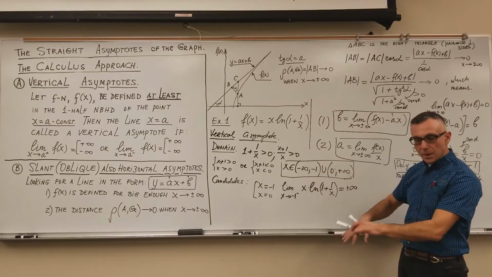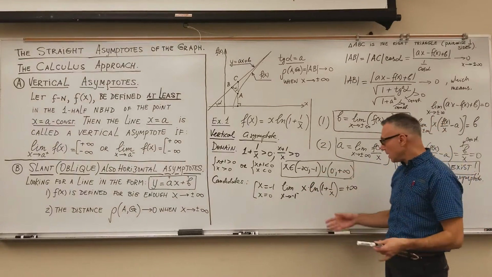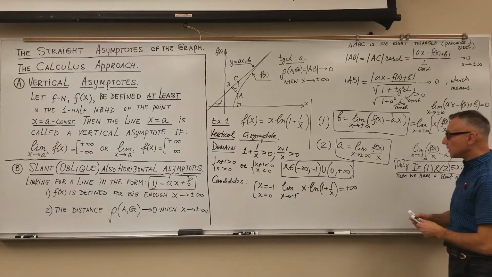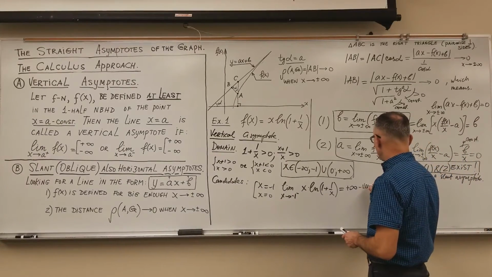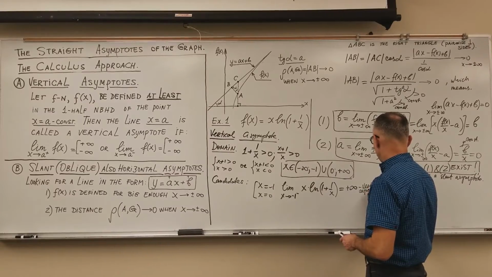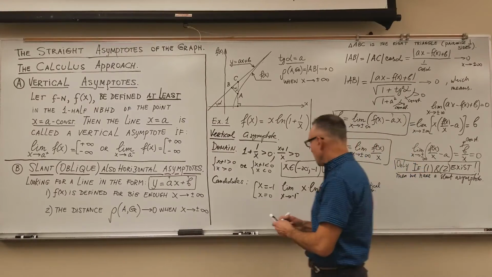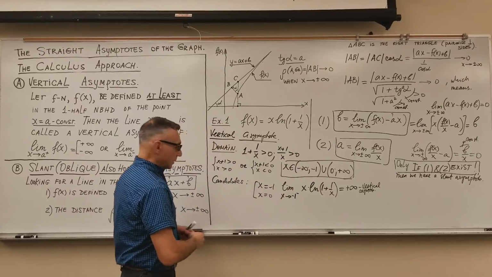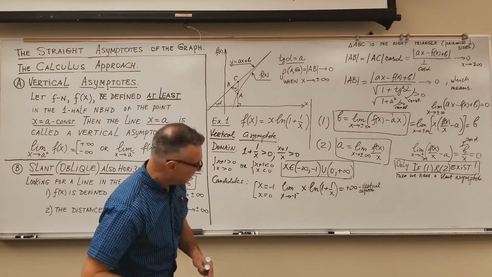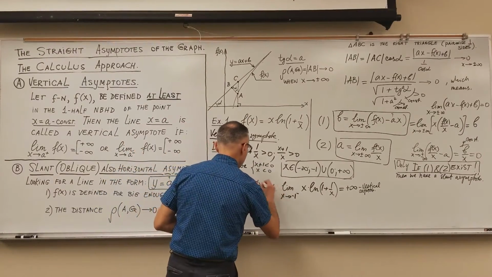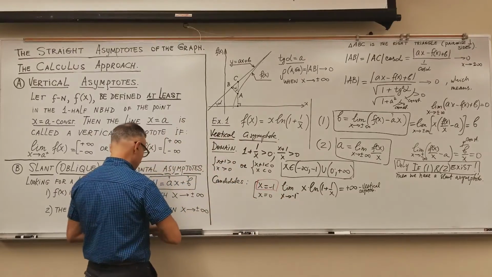So the product of two negatives will give you plus infinity. Actually, yes, that's a vertical asymptote.